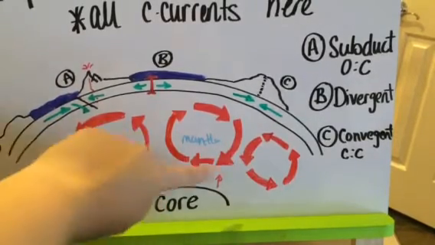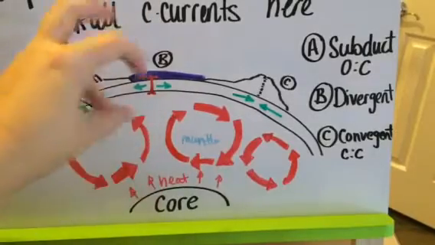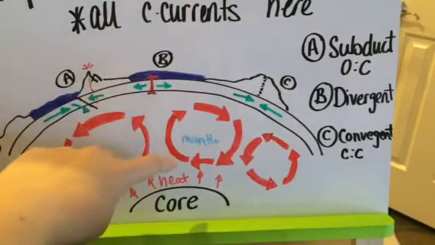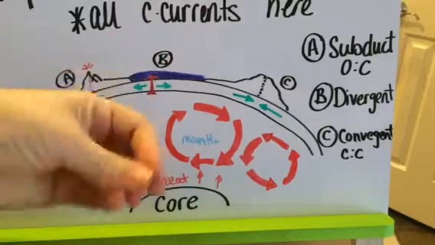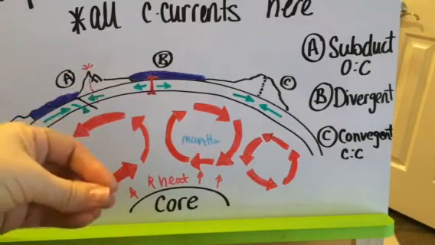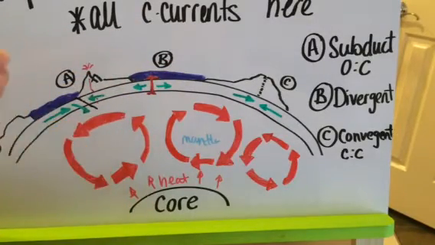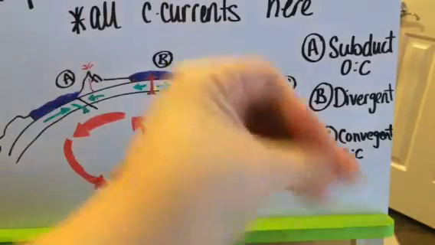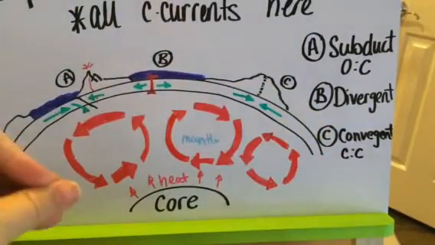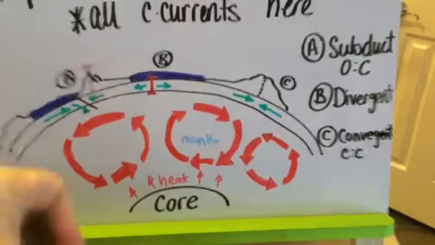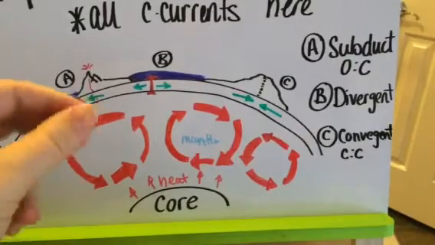So the core heats up the jello-like non-Newtonian fluid and causes it to rise, because as heated molecules get more heated, they spread out. If you think about solids, liquids, gases, when things go from a solid to a liquid, the particles get faster.